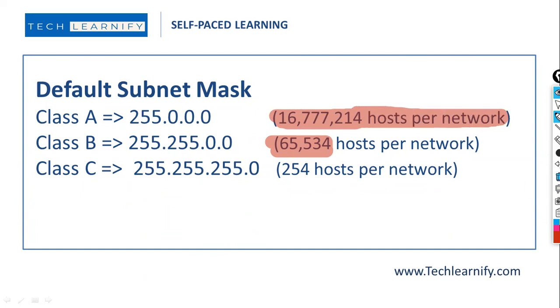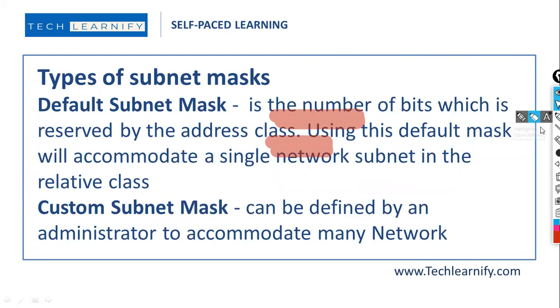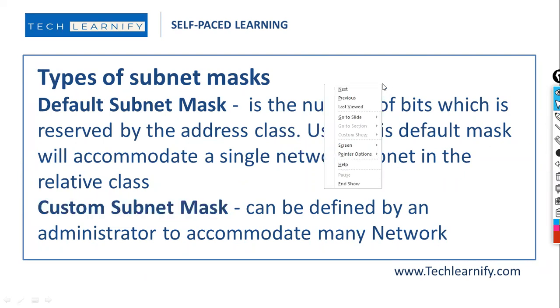And now, quickly, let me give you the reason why we change the mask, why we don't always go with the class rule, why we change the subnet mask. Before just jumping to the next slide, let me take one more example so that you can understand this concept very well.